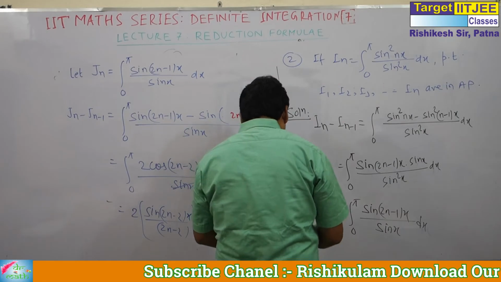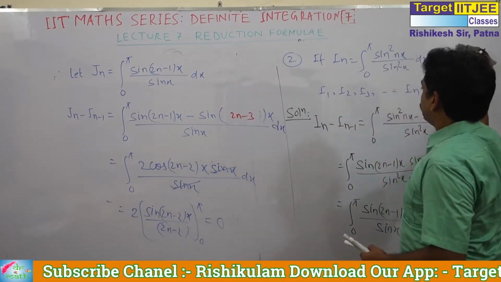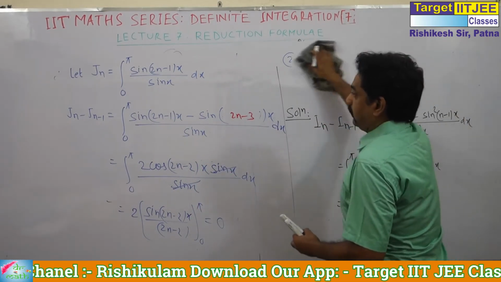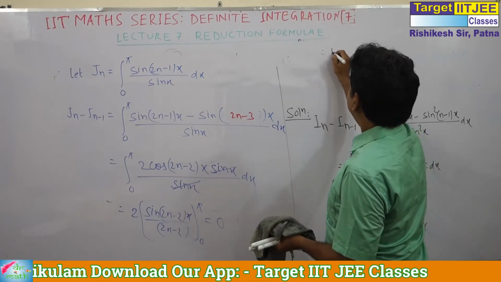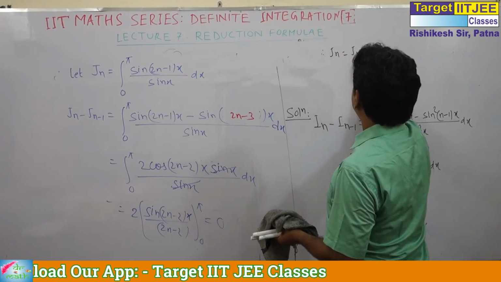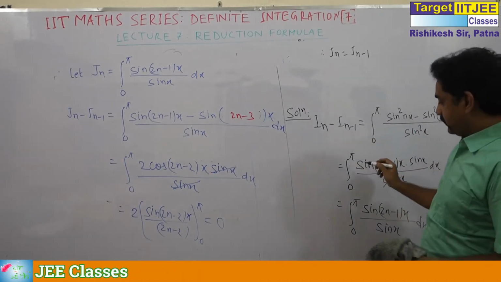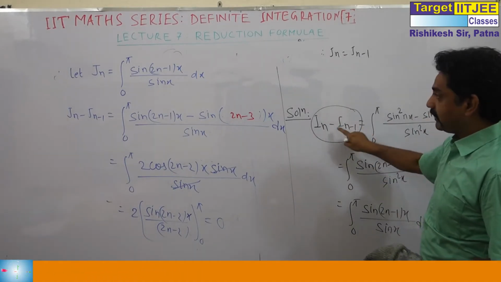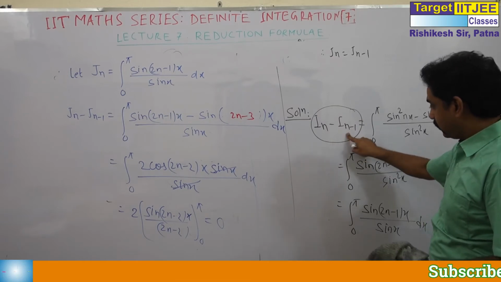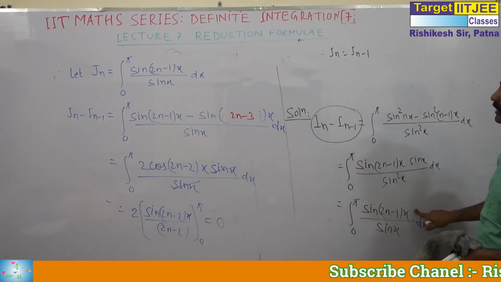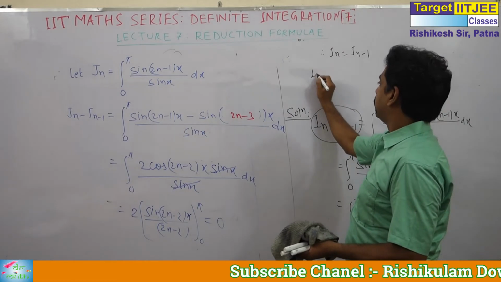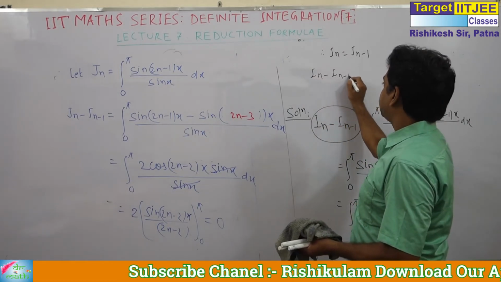So what we get here? Therefore J_n is equal to J_(n-1). But what is J_n? Actually, I take this step as J_n, so this is I_n minus I_(n-1).